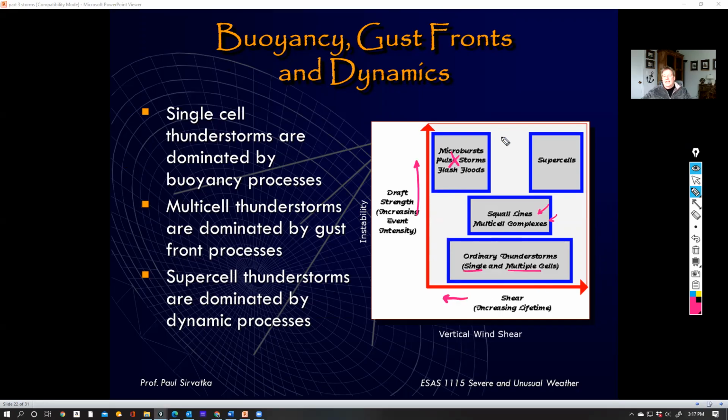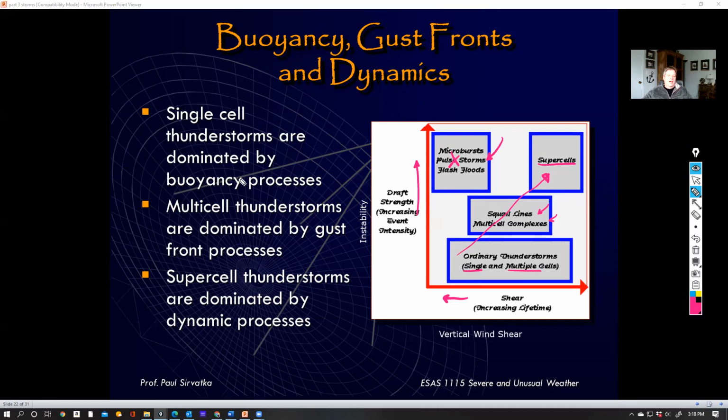So in that case, I get pulse storms, which are going to be severe single cell thunderstorms. That's what a pulse storm is. We'll talk about that in a second. Microbursts. But when we get up here to this side, we have shear and instability, strong and well balanced, and that's where we expect supercells.